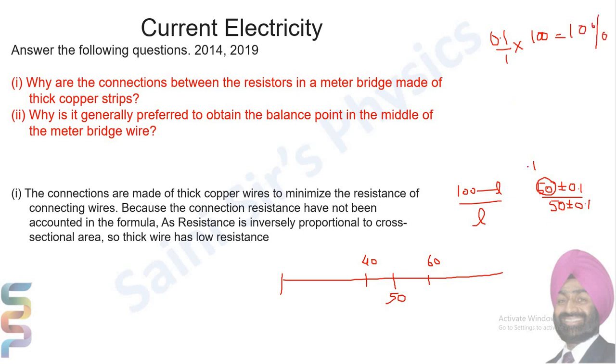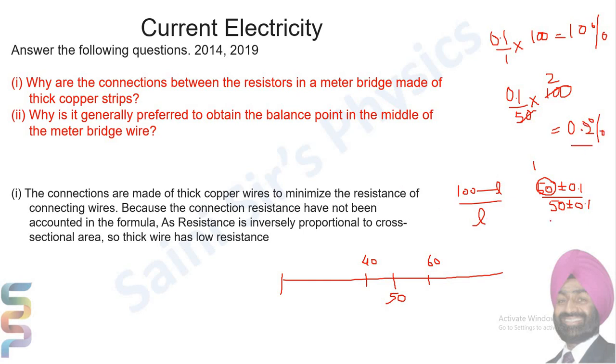But if it is 50 centimeter, 0.1 by 50 into 100, you can calculate easily, the error is 0.2% only, which is fairly manageable, acceptable.